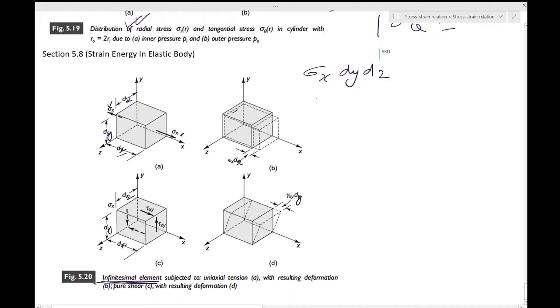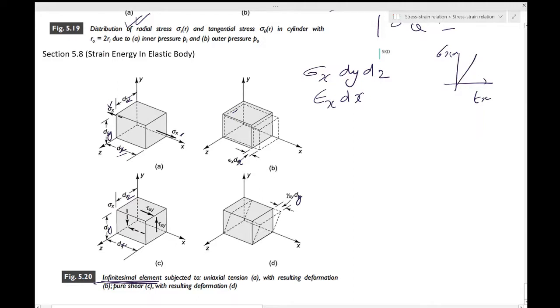How much elongation does it undergo? Epsilon x dx. Now in a linearly elastic material, strain grows in proportion to stress, so this is how the strain will go in proportion to sigma x.